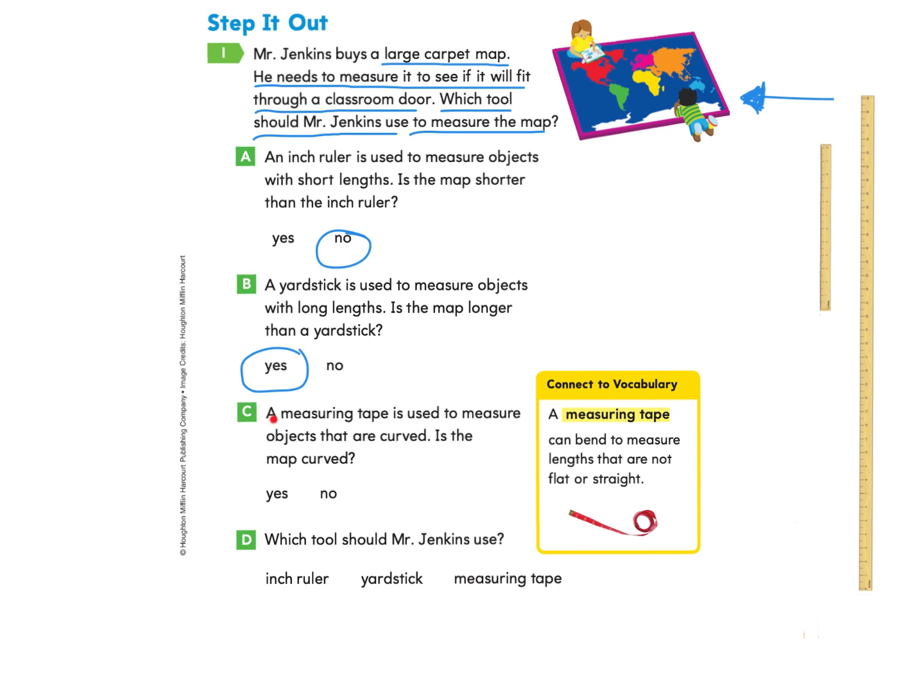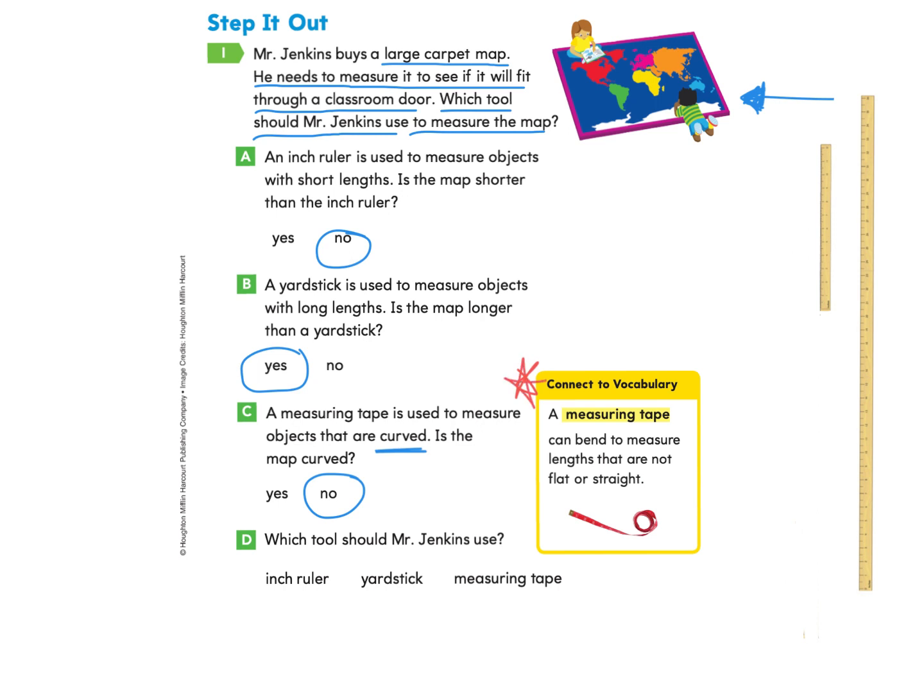Okay, let's look at Part C. A measuring tape is used to measure objects that are curved. Is the map curved? Yes or no? If you want to pause and try this part on your own, you can do so. When we look at this map, it is laying flat on the floor. So we're going to answer no, it is not curved. And let's talk about measuring tape.